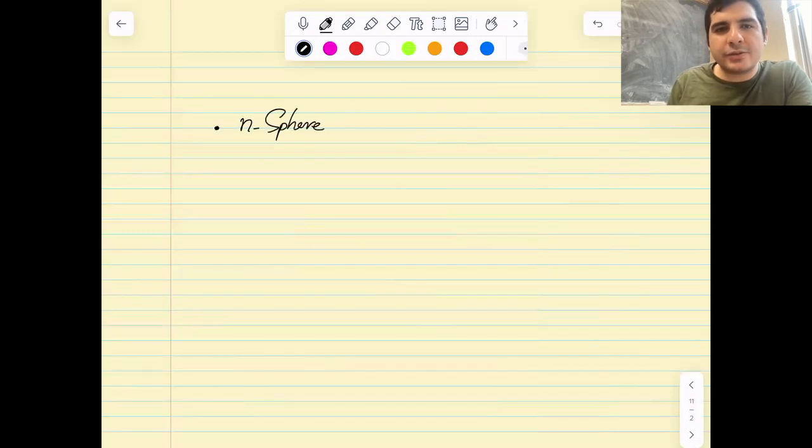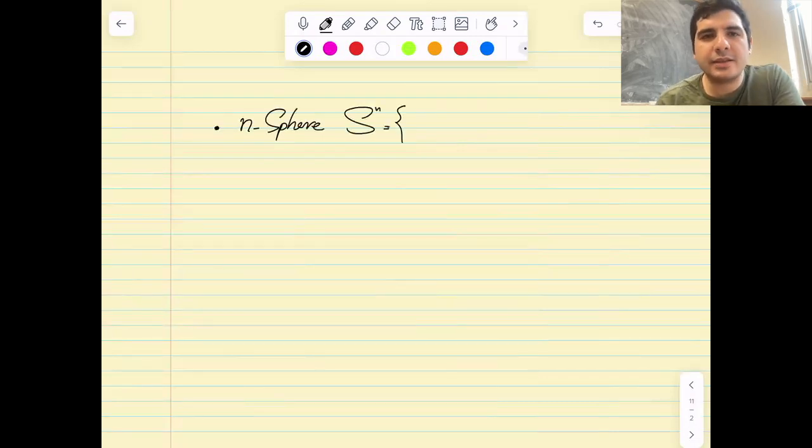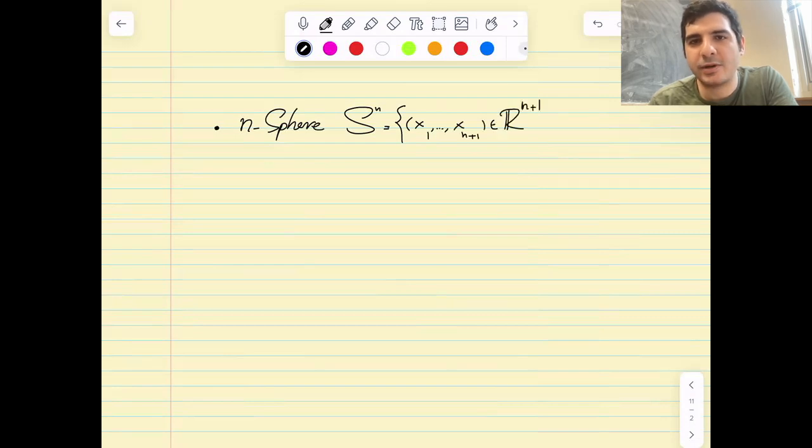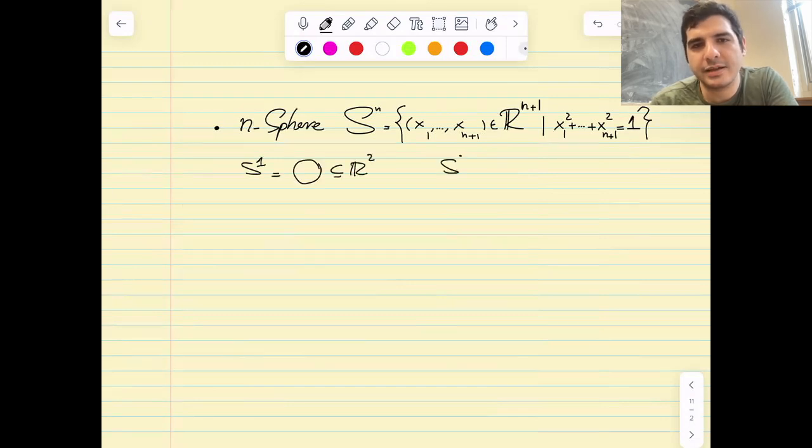So let's look at two examples of manifolds we studied. One is the n-sphere Sn. This essentially means the set of points in Rn plus 1, say x1 up to xn plus 1, where x1 squared plus up to xn plus 1 squared equals 1. This is a subset of Rn plus 1. So S1 is a subset of R2, it's the circle.